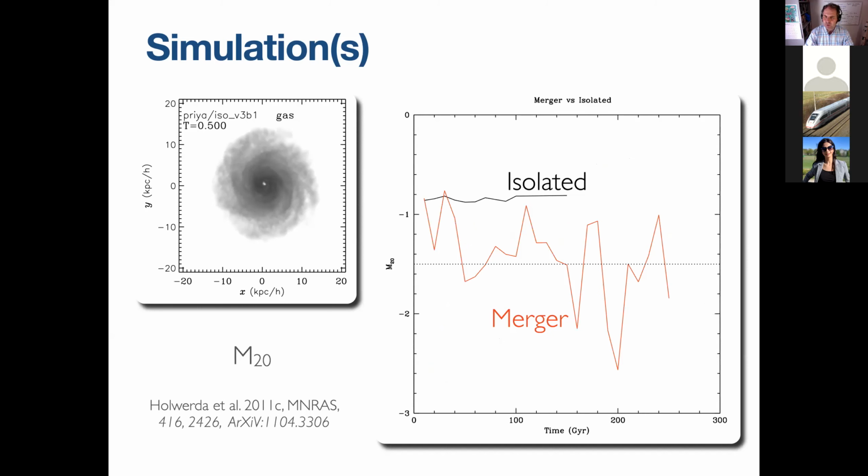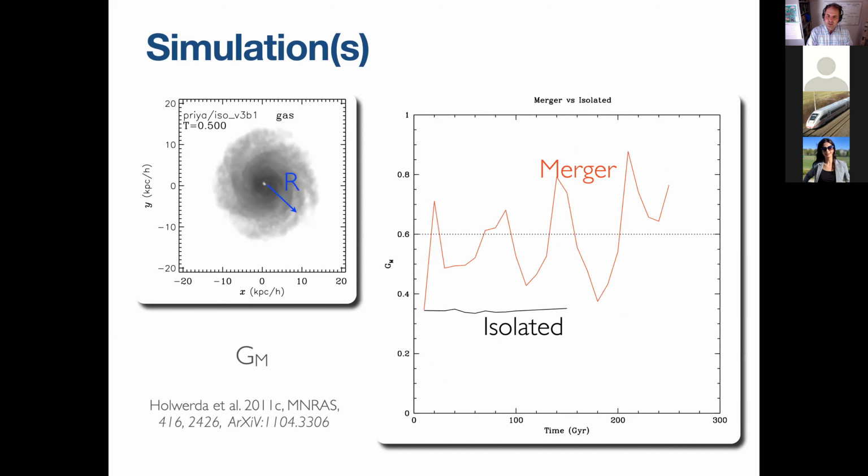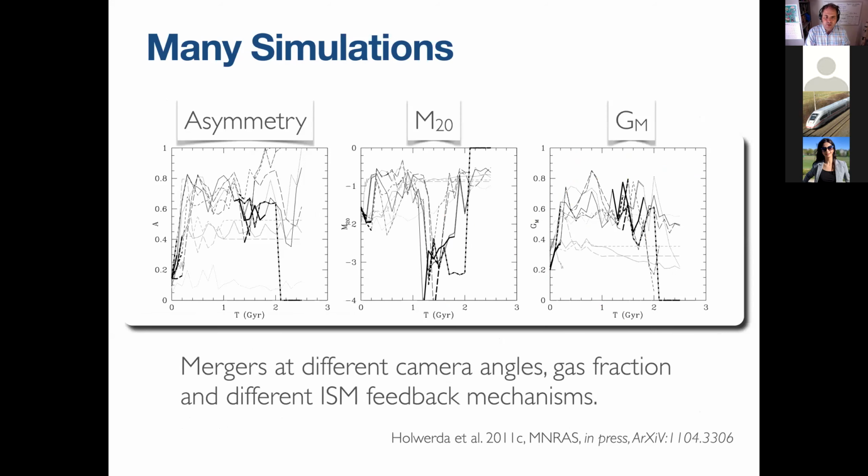So H1 seems to be pretty good at this kind of thing. N20, same thing, isolated stays mostly the same, and it does do star formation, so the gas does get moved and rotates. Stuff happens, but it's not like a merger kind of drastic change. You see the same thing with GM, which is another parameter that I tossed in there.